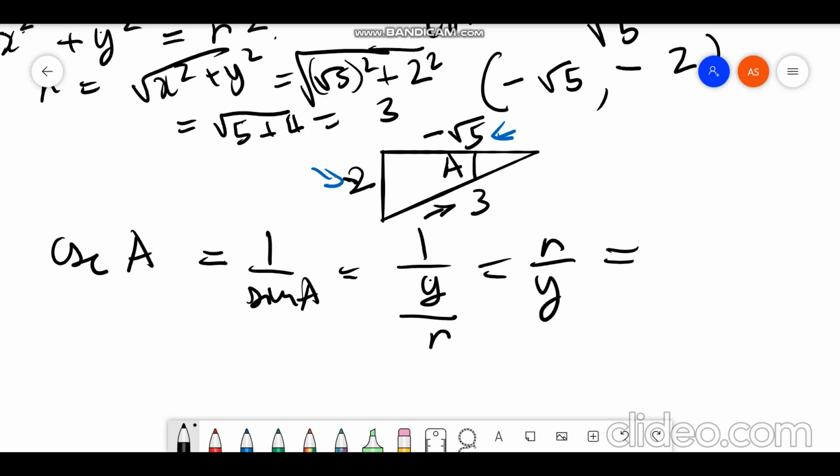So it would be 3 over -2. You can also write it as -3 over 2. So this is cosec of A.